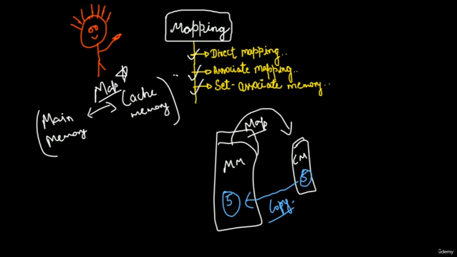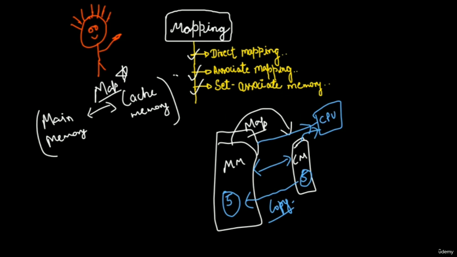The CPU communicates with both the memories. The CPU is not discriminating or anything like that. It is communicating with both of them, and whichever information it gets faster, it gets easier for it. And surely it is also connected, so everything is connected up here. It first sends the address to the cache.